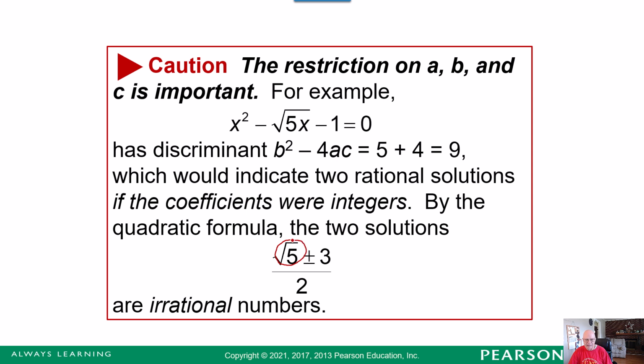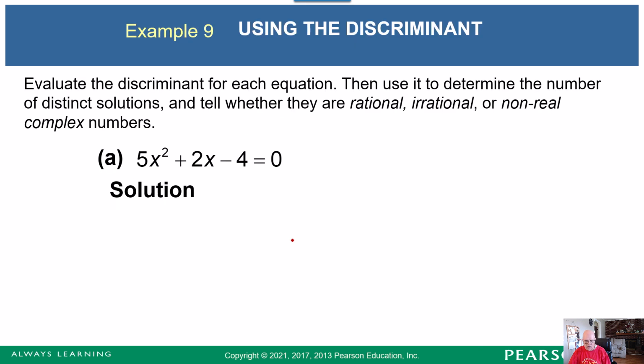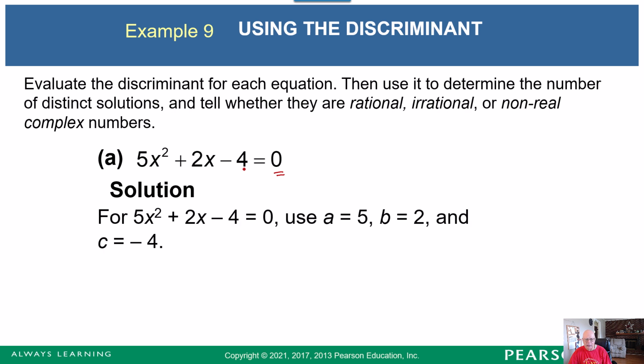In this case, it's 84. It's not a perfect square. So you can go back to the table if you like and find out what kind of answers you got. It's positive, not a perfect square, so you get two different irrational solutions. They'll be rational only if that D, the discriminant, is a perfect square.